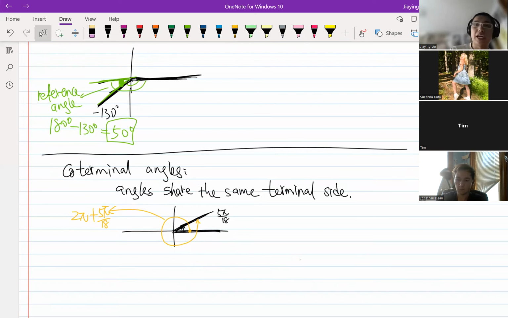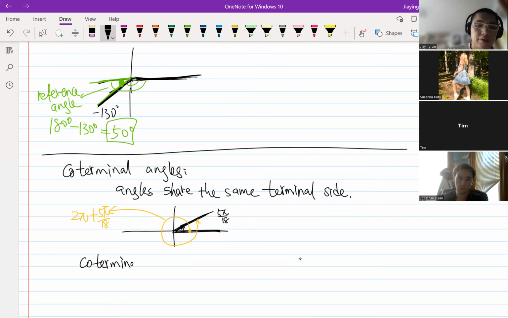We could also take another angle and just keep going in circles, and then eventually, after many circles, we end up with the same terminal side. That's fine too. But if we added one more circle, we just end up with adding 2 pi to the angle. So generally speaking, suppose this angle is theta.